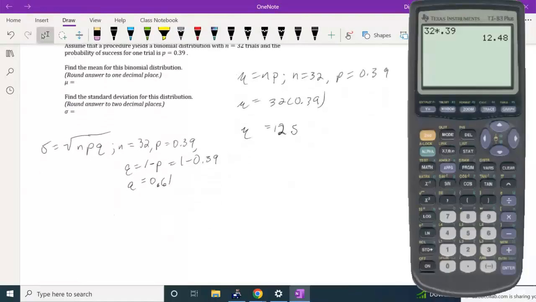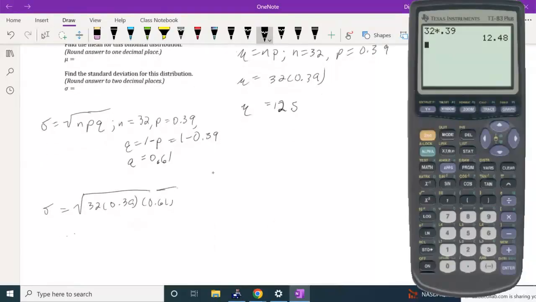So now we're going to take those three values, the square root of 32 times 0.39 times 0.61. Okay. And this gives us a standard deviation of, so that's the square root of 32 times 0.39 times 0.61.